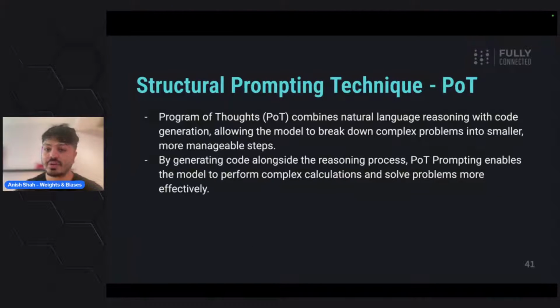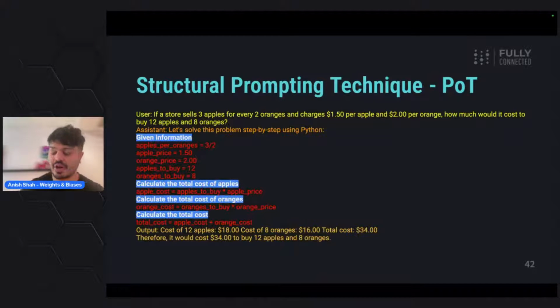Next, we have the structural prompting techniques, where it's all about taking a complex problem and decomposing it into more manageable steps. So programming thoughts directly will take a question, like in this case, one that's a little more mathematical, and break it down into a collection of variables and function calls, mathematical function calls, and you can go ahead and run this in a Python runtime to get an answer.